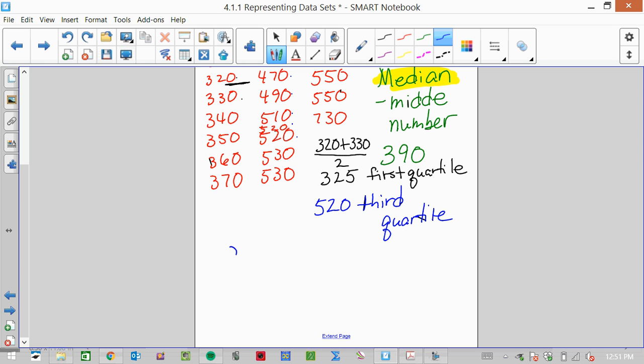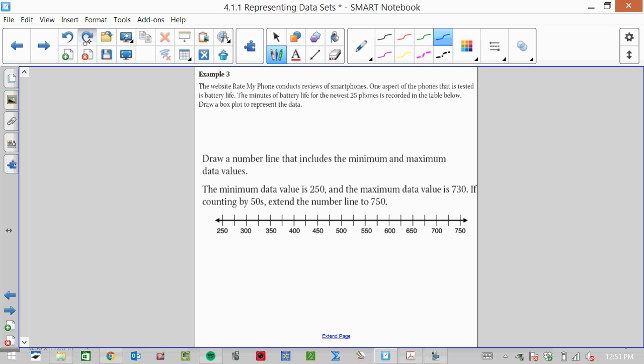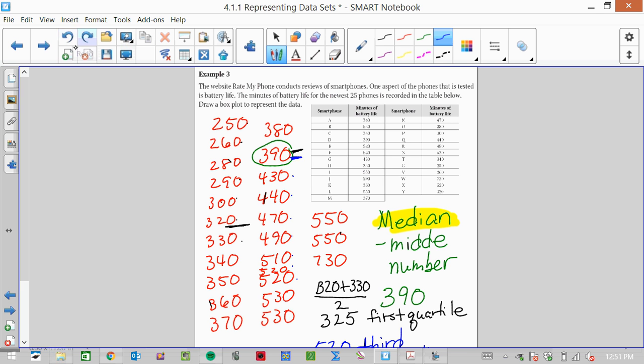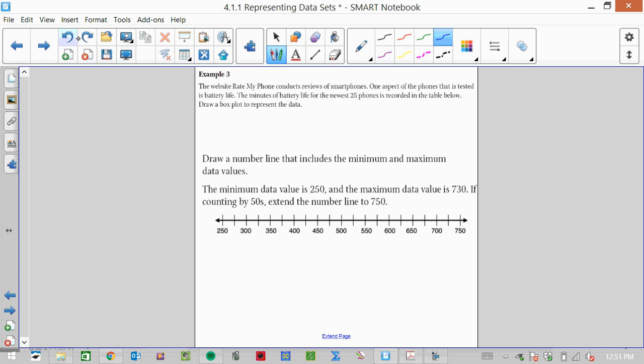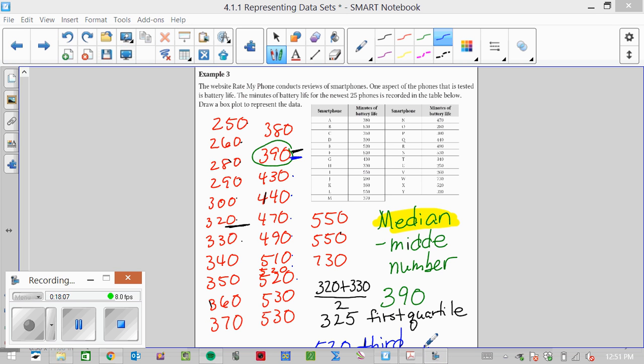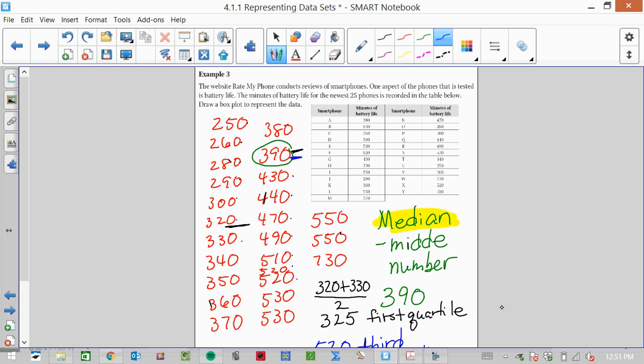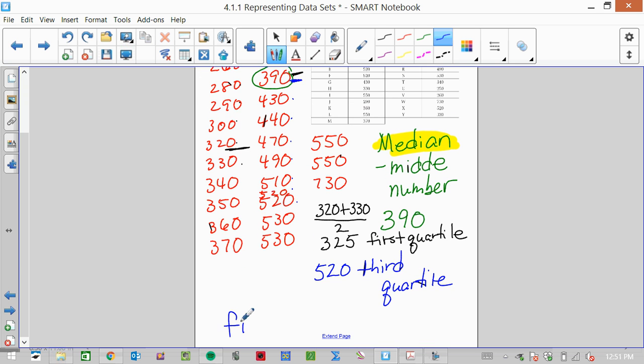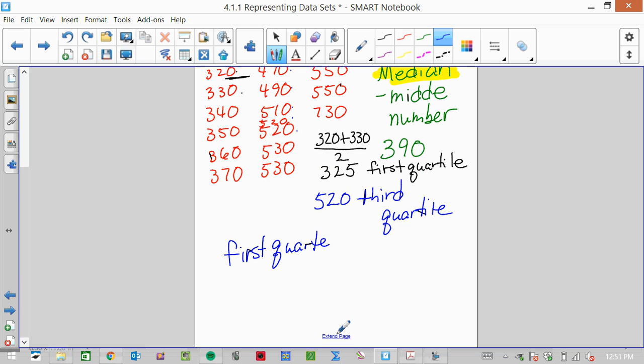We need to have our first quartile, our median, and our third quartile.